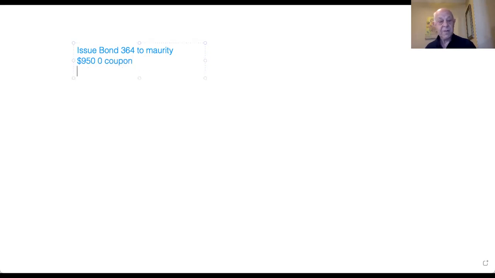So if I'm subject to the rules, I'm an accrual basis taxpayer, I'm a regulated investment company, I'm one of those companies, taxpayers that were listed on that PowerPoint sheet where these rules apply, I accrue the $50 over the 364-day period.